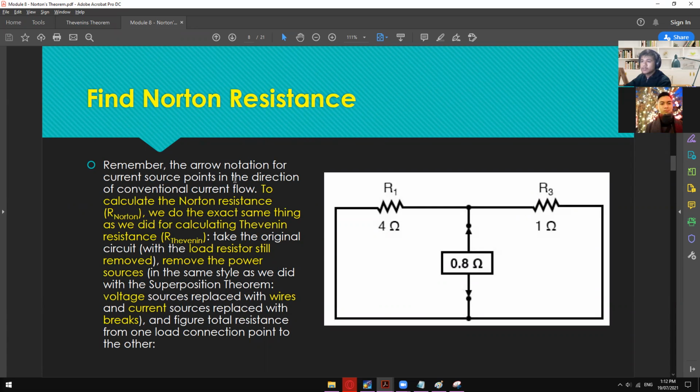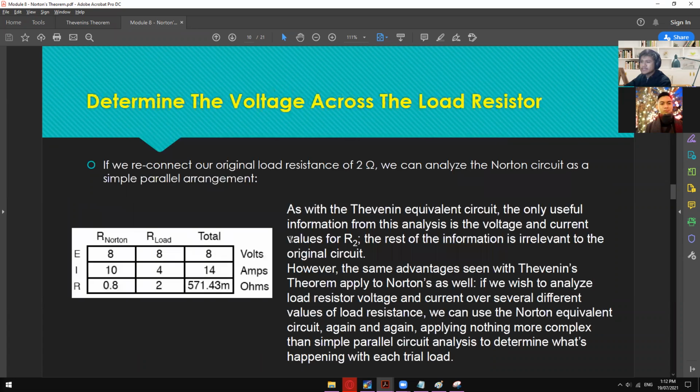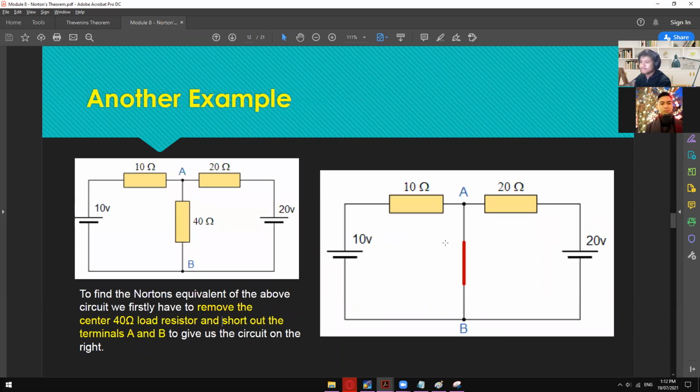The arrow notation by the source direction connection to calculate the Norton resistance. We do the exact same thing as with Thevenin. Okay, so same naman. I think it just wasn't shown in here, but you have to remove this one for you to be able to solve for the Norton's resistance.